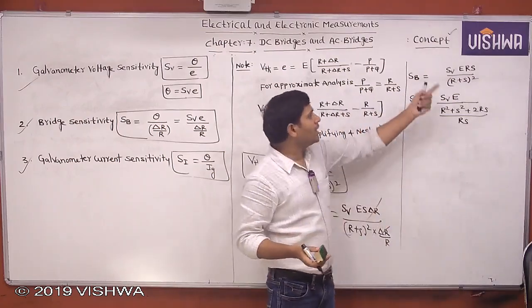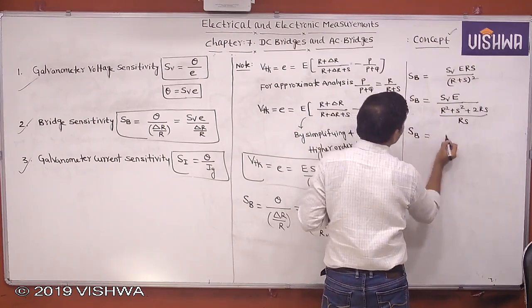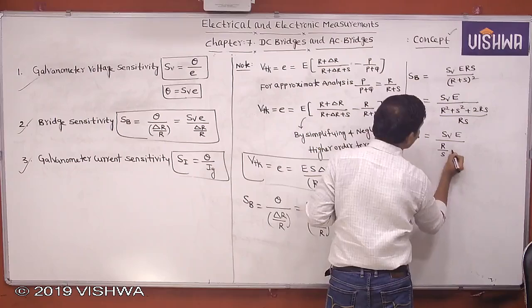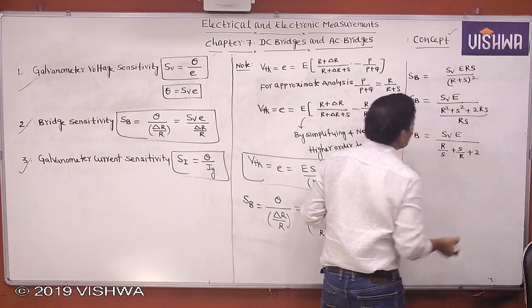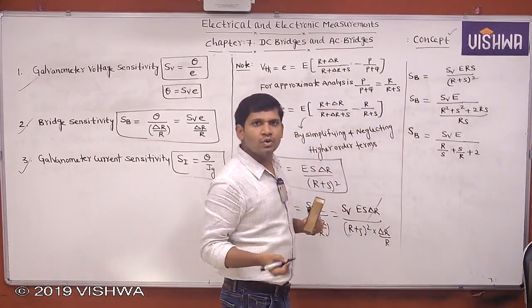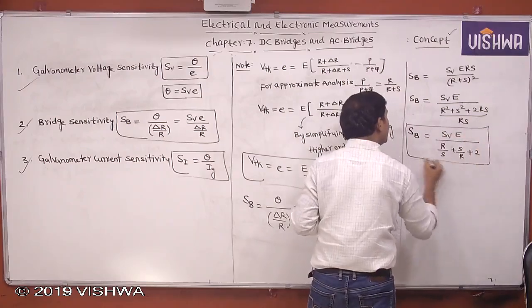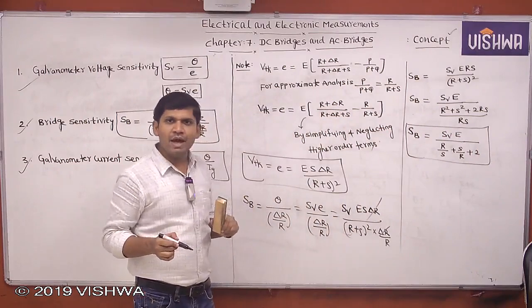This RS I am bringing into the denominator. Then what can you write? SB equals SV into E by, we simplify this, R by S plus S by R plus 2. Then this is one more formula for bridge sensitivity: SB equals SV into E by R by S plus S by R plus 2.